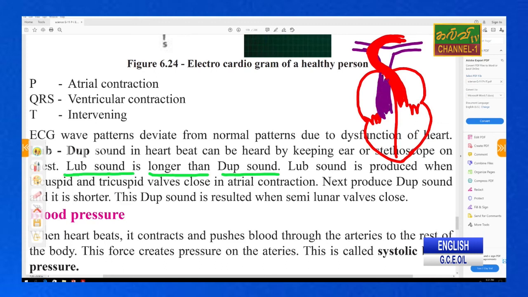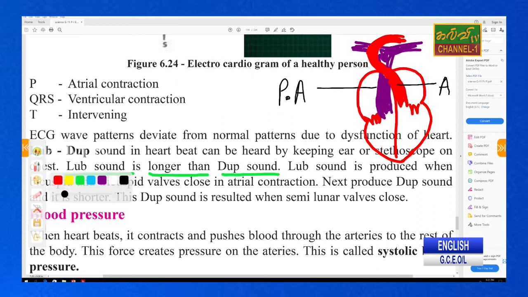right? This is the pulmonary artery. So we can indicate this is the pulmonary artery. This is the aorta.